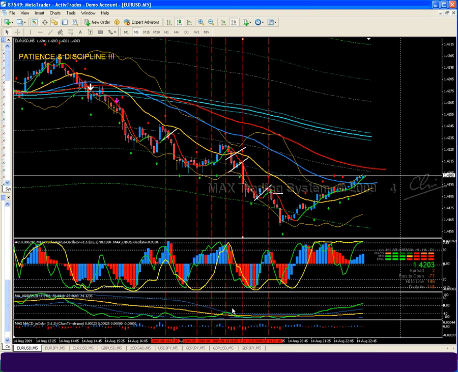And this must give a total confidence in the max system if you use it with discipline, with patience, with persistence. You will have some losing trades, of course, 15% on average. You may have 2, 3, 4 losing trades in a row, but be persistent. Sooner or later, you will have a good movement to trade with the max.